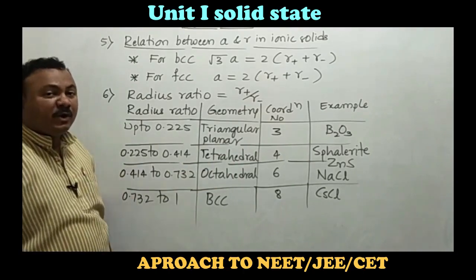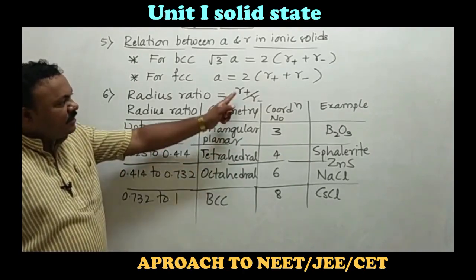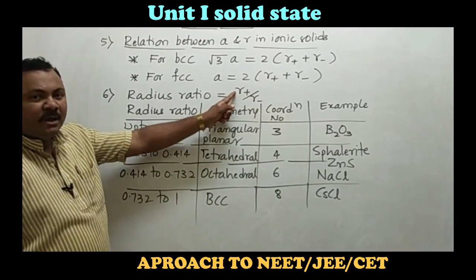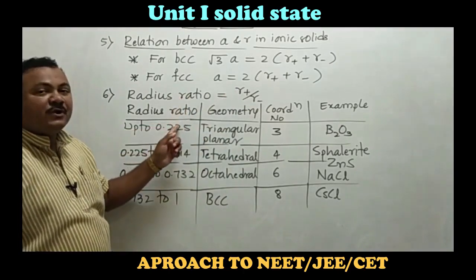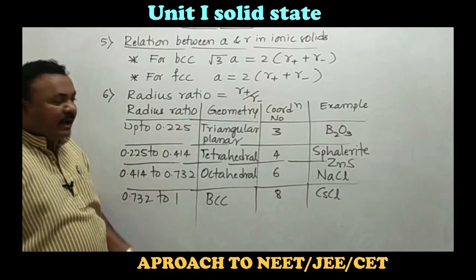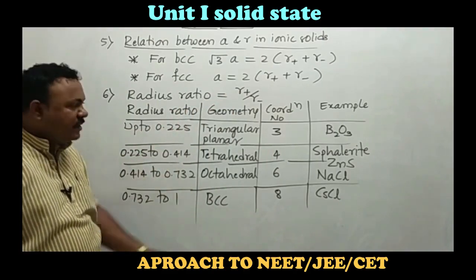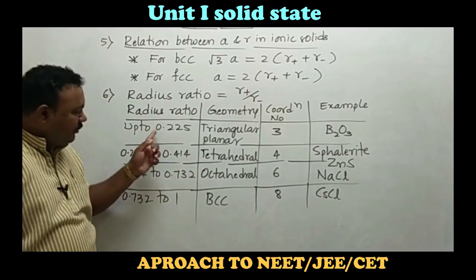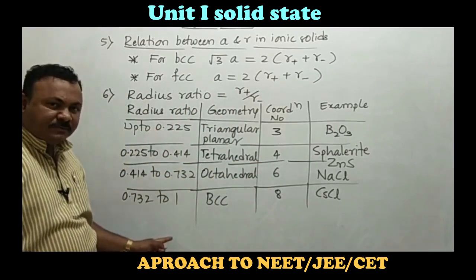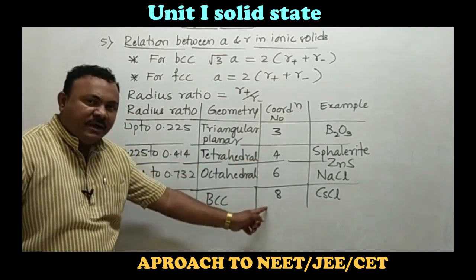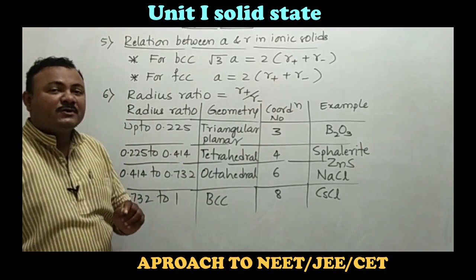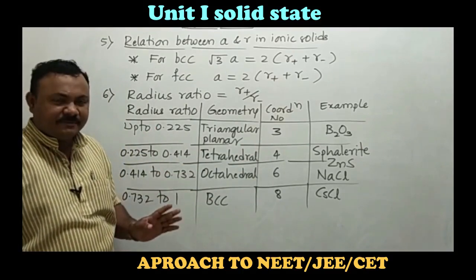Another important thing you remember, as the radius of cation goes on increasing, definitely radius ratio goes on increasing. And as the radius ratio goes on increasing, you can see the coordination number is also increasing. With increase in the radius ratio, coordination number increases, with that stability of the ionic solid also goes on increasing.